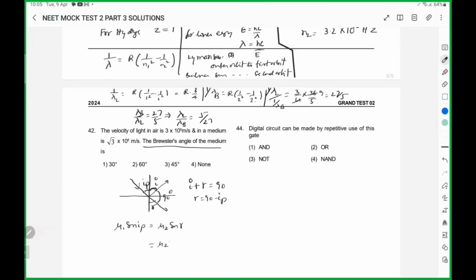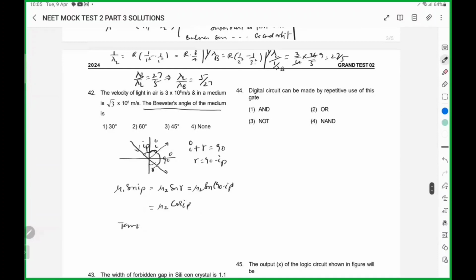That is mu2 sine of 90 minus IP, we get cos IP. So tan IP is mu2 by mu1. Mu is C by V, so mu2 by mu1 is V1 by V2. V1 here is 3 into 10 power 8, by root 3 into 10 power 8, which gives root 3. So the angle is 60 degrees.